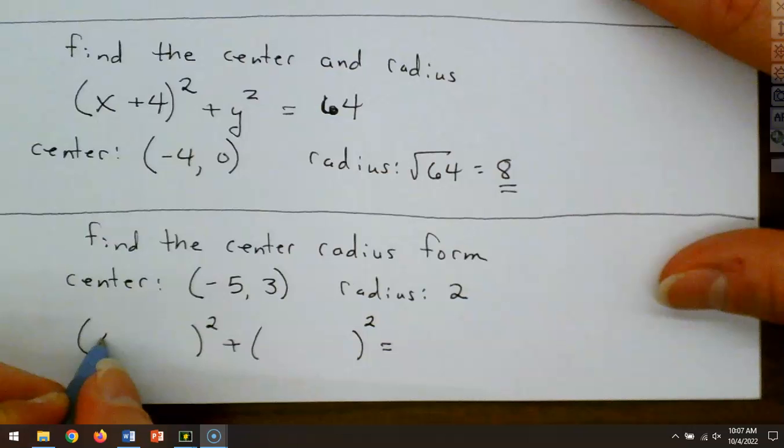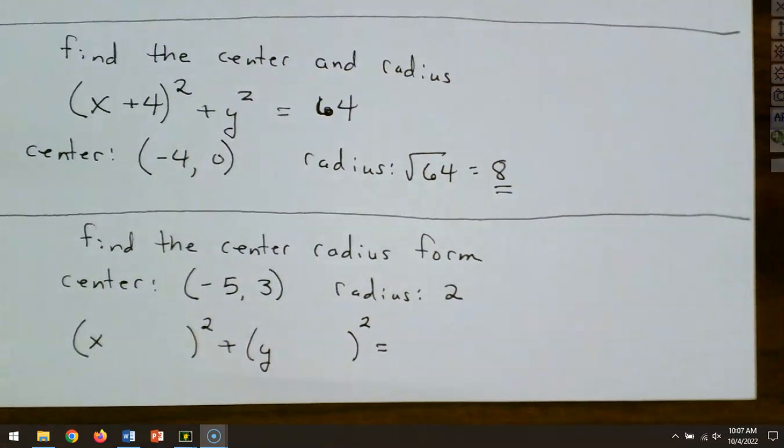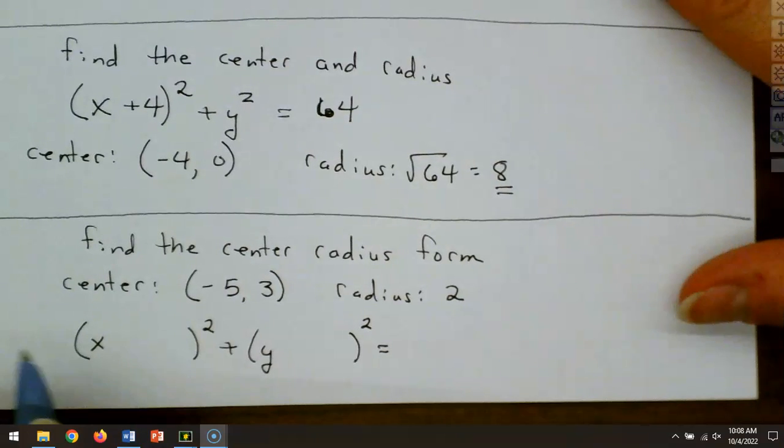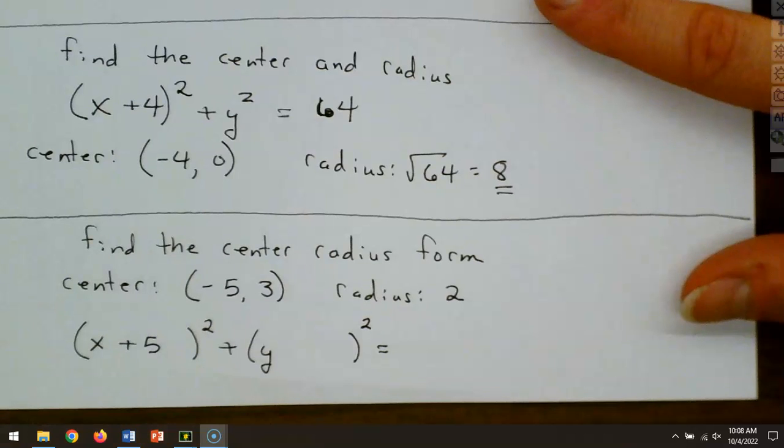There, the x goes first, y goes over here. Now, whenever we go from the center radius form to the center, or vice versa, we have to switch our signs. Okay, so that's part of it. So we have to switch the signs of the center. So this one is going to be now, instead of it being a -5, an x plus 5.